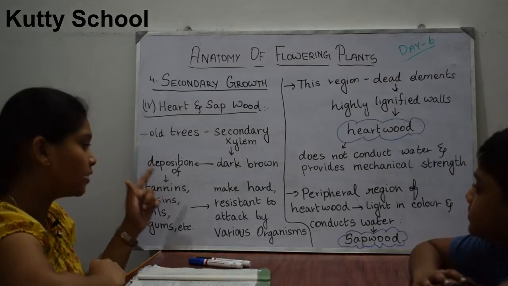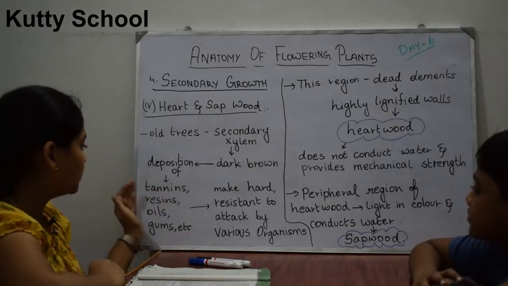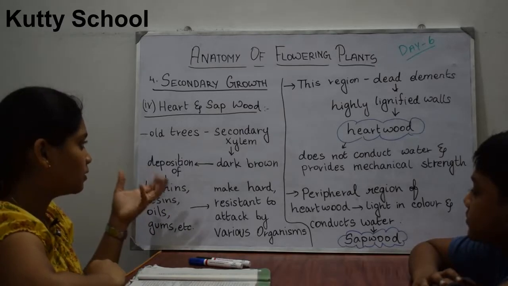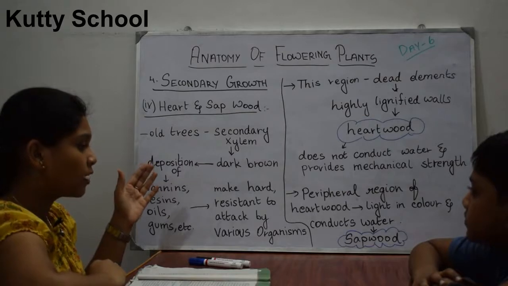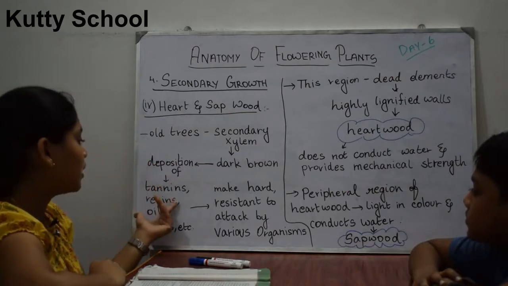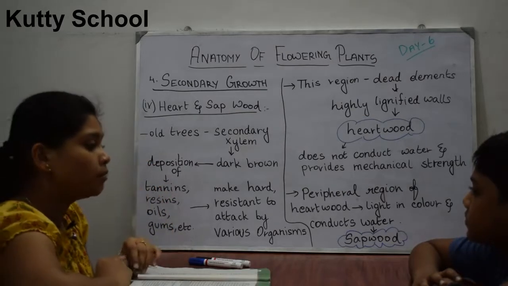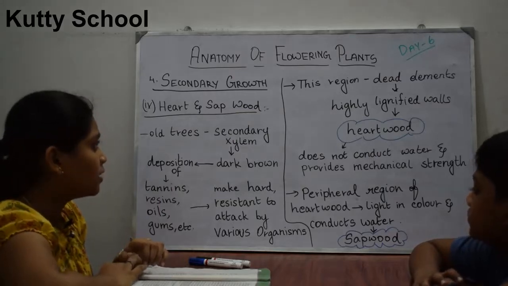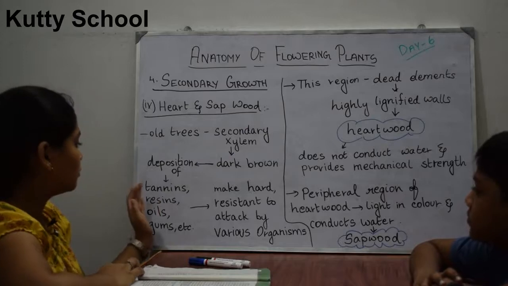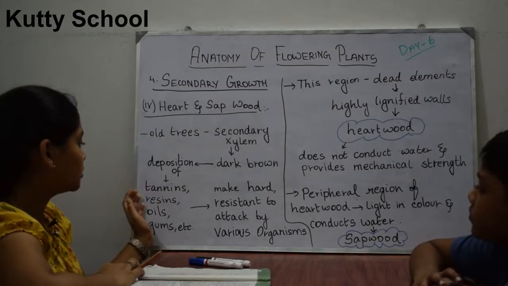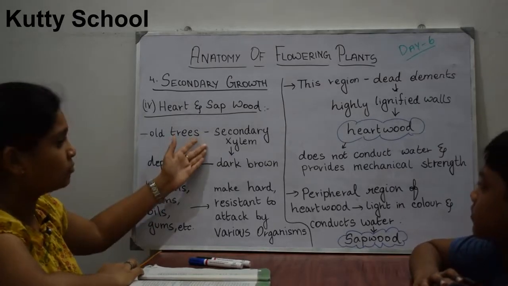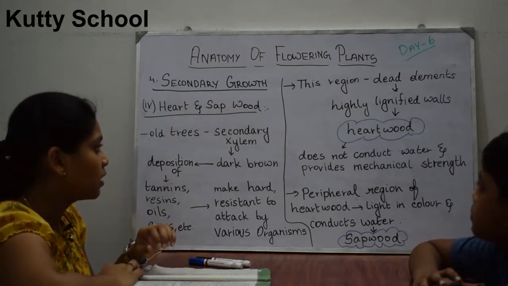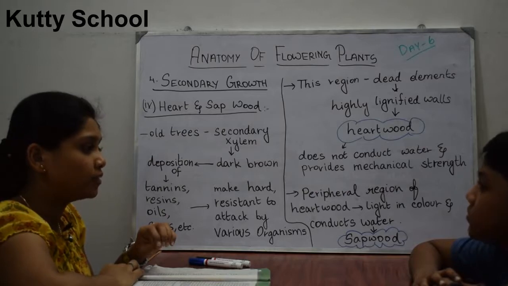In older plants, these substances make the plant hard, and they even make the plant resistant to insects and other microorganisms. This region, composed of tannins, resins, oils and gums, is composed of dead elements and highly lignified cells.